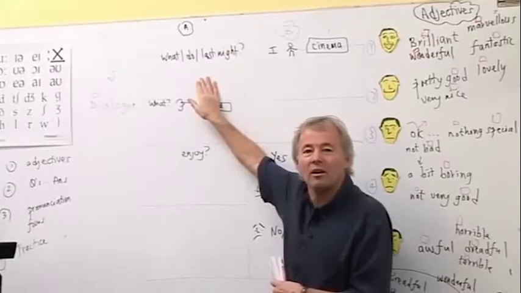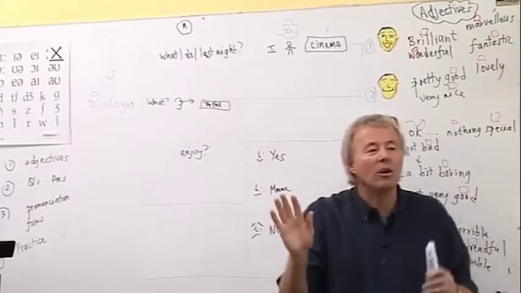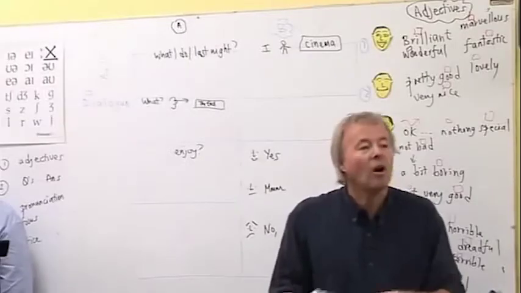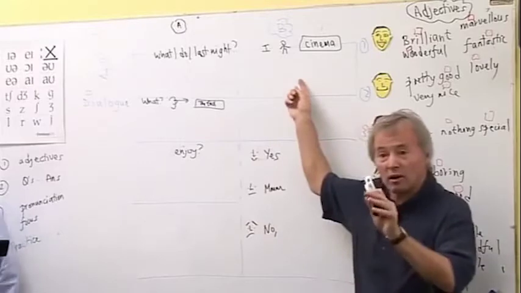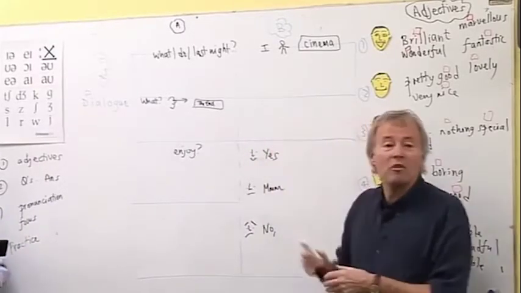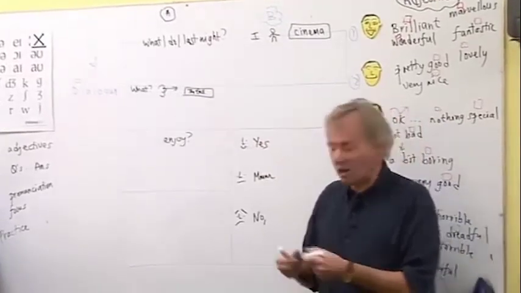Well done, congratulations. Good. Here's a question, okay? Go ahead. What's the question? Okay, listen. What did you do last night? Okay. And here, cinema. What? Now, name of a movie? Borat, for example.